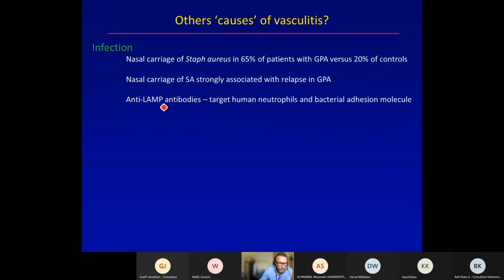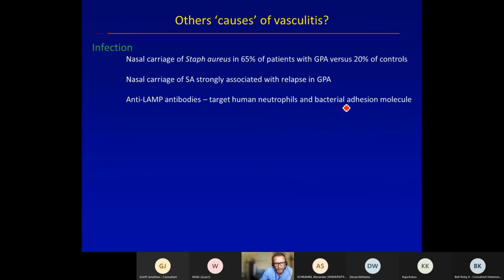The other piece of evidence for the role of infection is the presence of antibodies against this bacterial adhesion molecule called LAMP. These have been associated with patients with ANCA-associated vasculitis, and it's probably a result of what's called molecular mimicry.